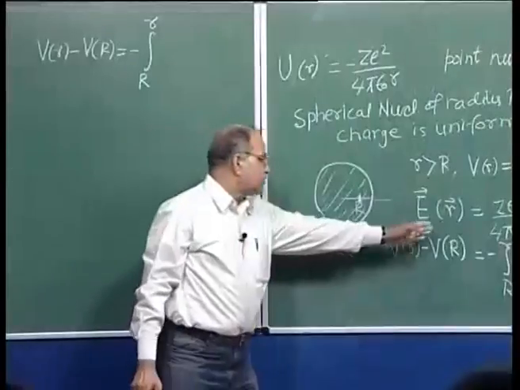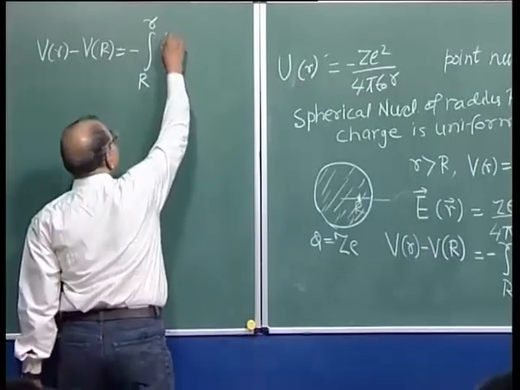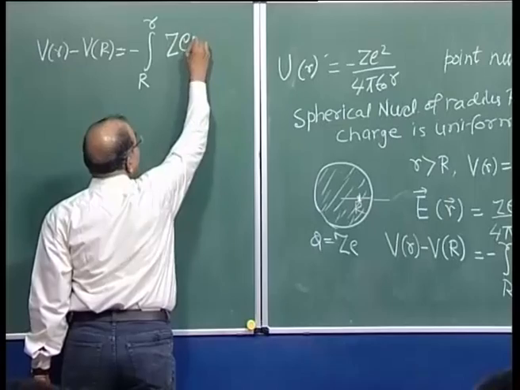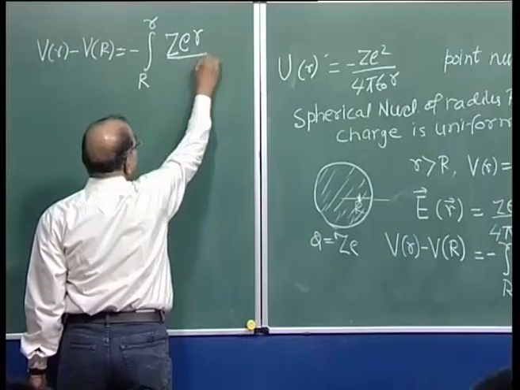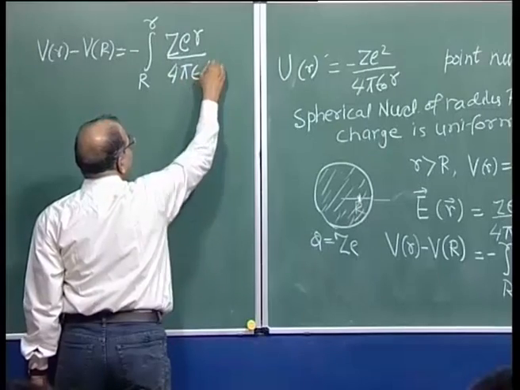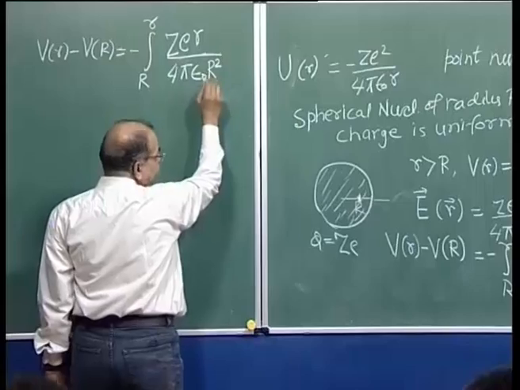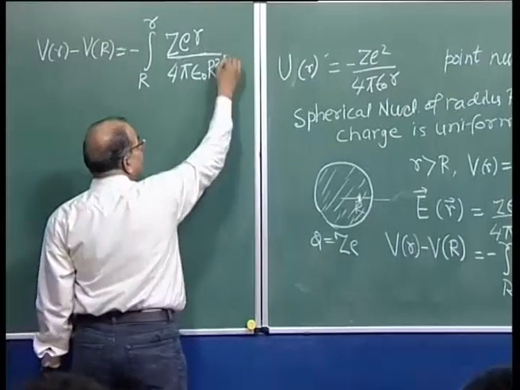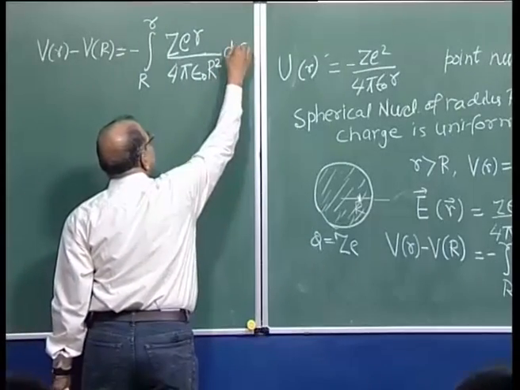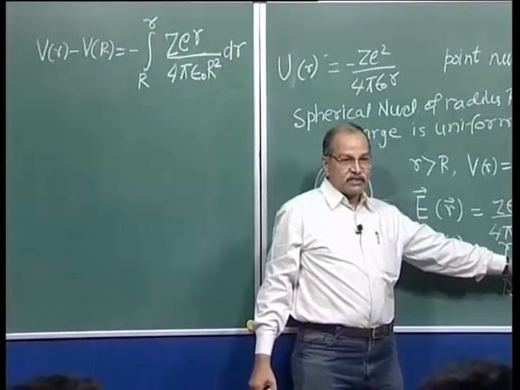Here is electric field. Now, I am talking of inside. So, here is the electric field. It is Ze r divided by 4 pi epsilon naught capital R square, r unit vector, and dot that dr. So, it is just dr, right. This dr also has unit vector r cap.